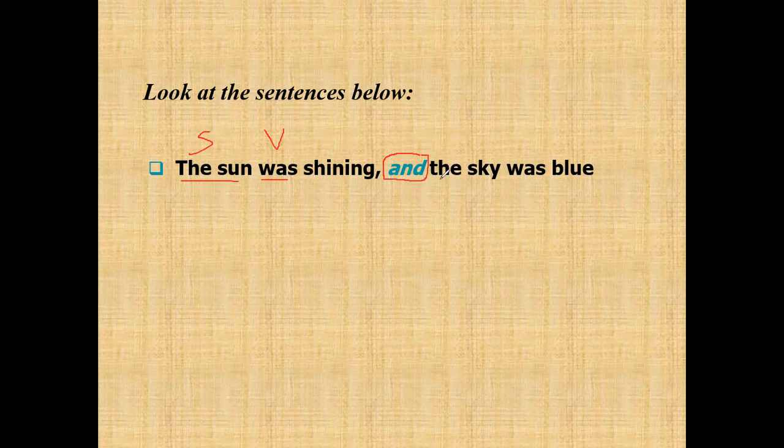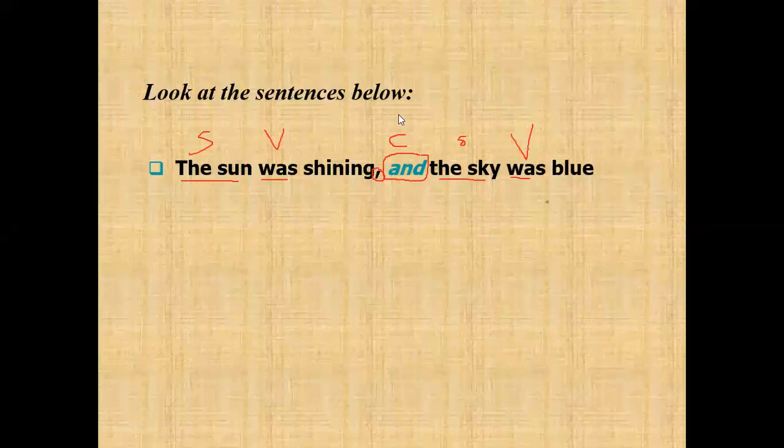After that, the sky is the subject, was is a verb. It means that this sentence consists of two subjects and two verbs, but it must be connected by a coordinate connector. Remember, before the coordinate connector, there should be a comma. This one.